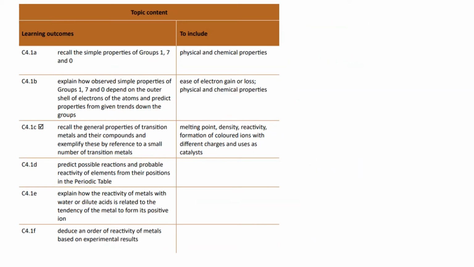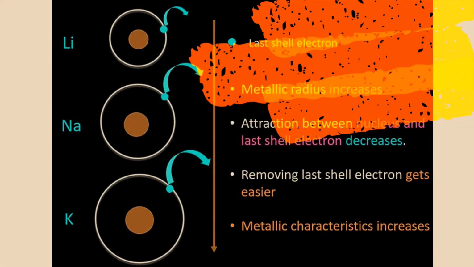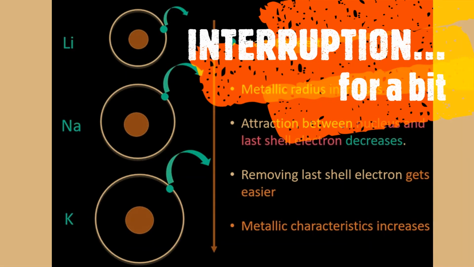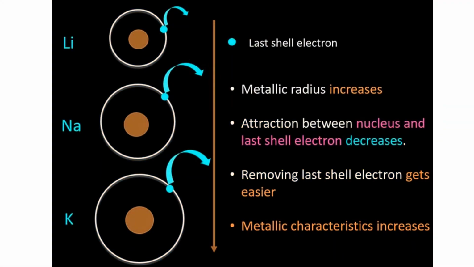Right, so now we've done group 1, let's look at group 7. So if we look at lithium, sodium, potassium, as you go down the group, the outer electrons get further away. If you're just focusing on the last shell, where there is the outer electron, remember that the metallic radius increases, and therefore the attraction between the nucleus and the last shell electron will decrease.